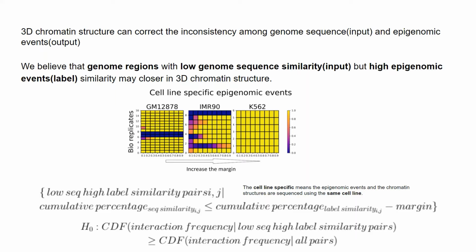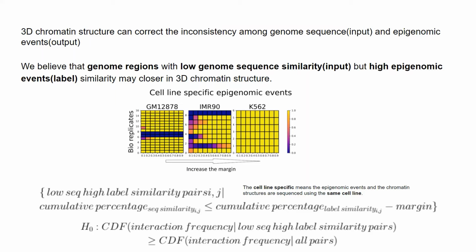Because the whole genome label dataset is too large, I randomly picked 0.1% of the whole set and repeated 50 times. The percentage of my 50 trials in which the one-sided test is significant is shown in the heat map. The chromatin structures from 3 cell lines, GM12878, IMR90, and K562, are used.